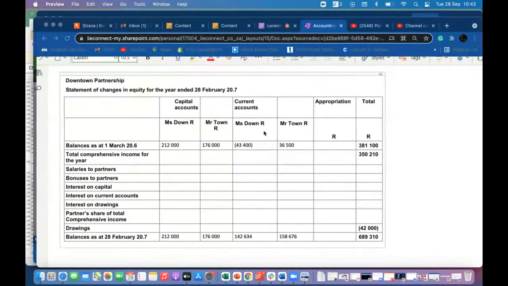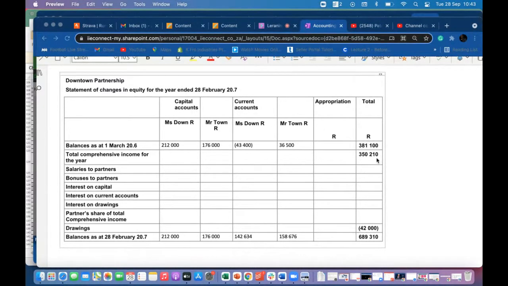We have the current accounts for both partners, these two here, and we have the capital accounts for both partners. Remember, we said we're only using capital to record capital contributions. So here you first throw in the opening balance for the respective capital contributions.